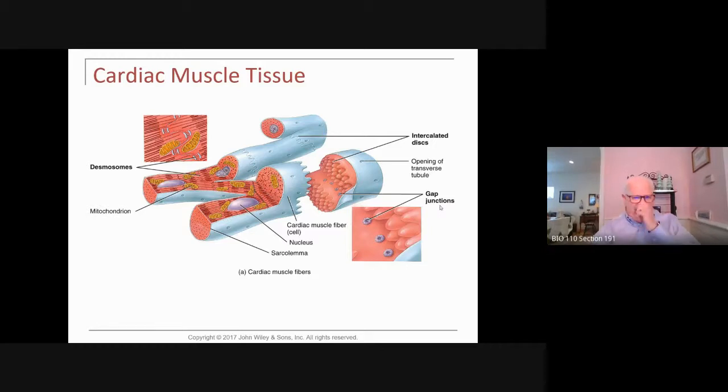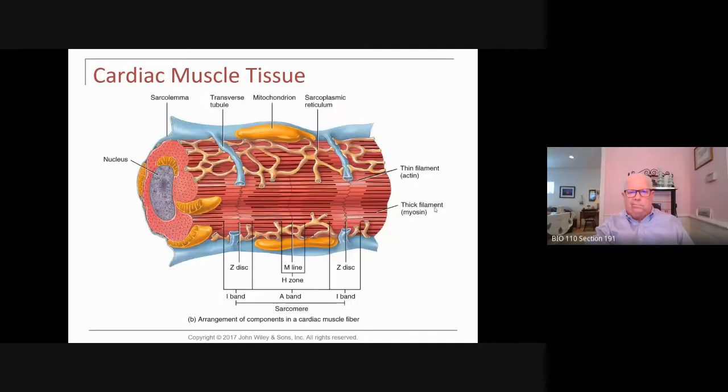But this is AP1. I'm not going to ask you too many questions on AP1, but just realize, for those of you who have not taken AP1, the junctions in the heart are gap junctions because of the electricity that is in the heart itself, in the muscle tissues of the heart. Okay? You don't have to know. You learn this all in AP1. I'm certainly not going to talk to you about A bands and I bands.